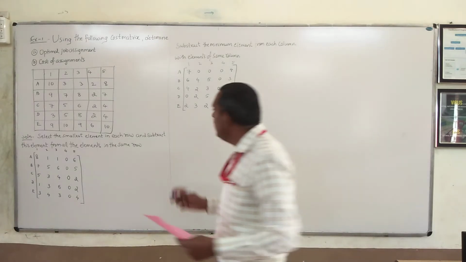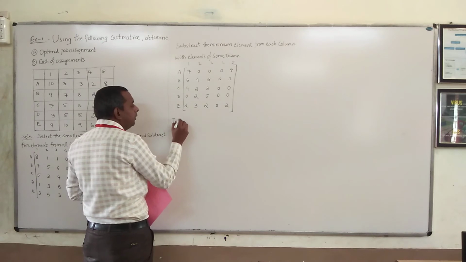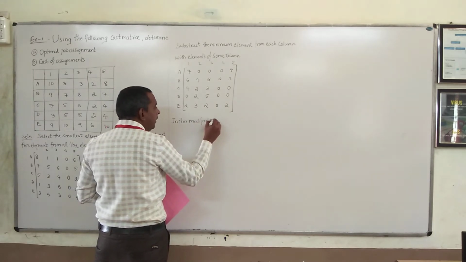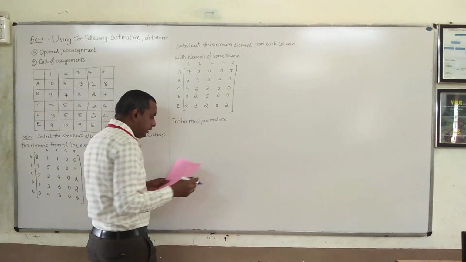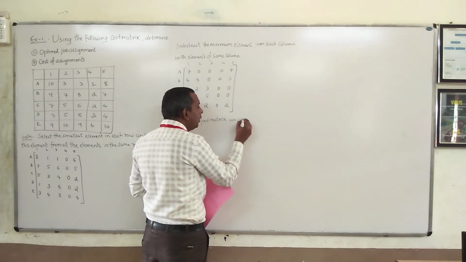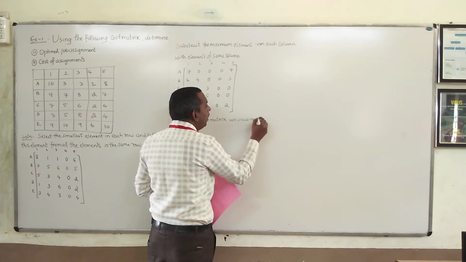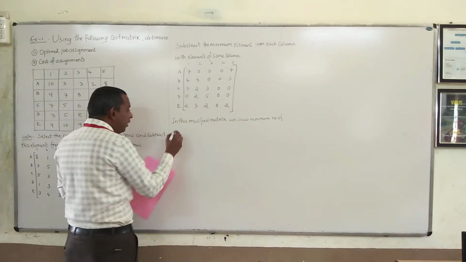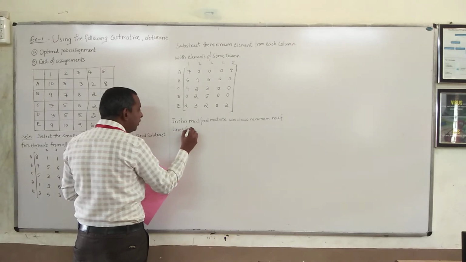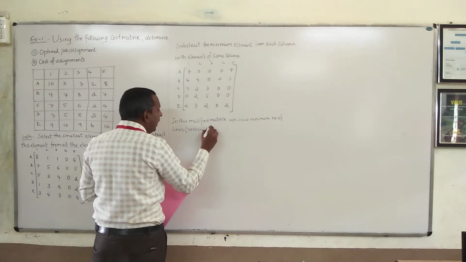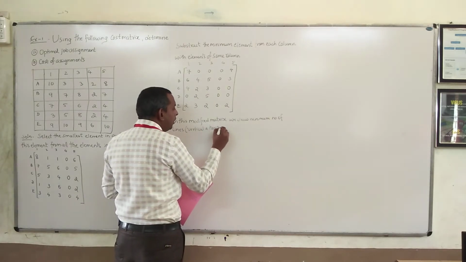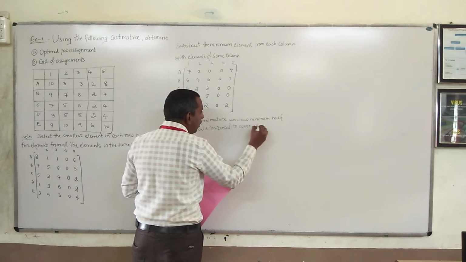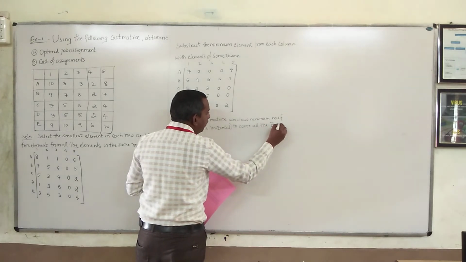So what next? So in this modified matrix, we draw the minimum number of lines, vertical and horizontal, to cover all the zeros.